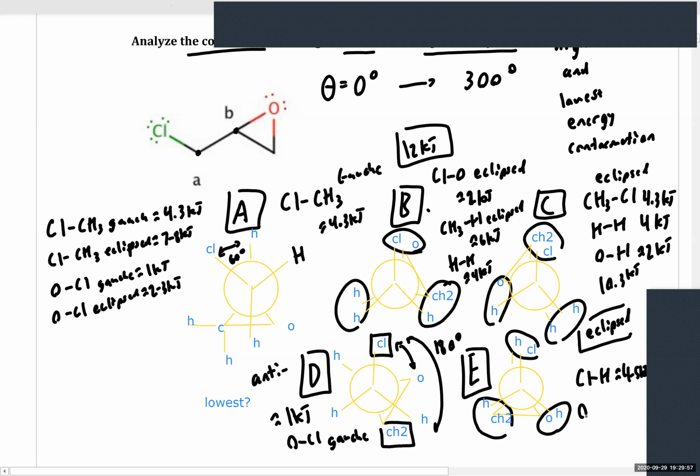We have an oxygen hydrogen eclipsed interaction, which is around 2 kilojoules. And we have a methyl hydrogen eclipsed interaction, which is around 6 kilojoules. So that gives us a total for structure E of about 13 kilojoules.